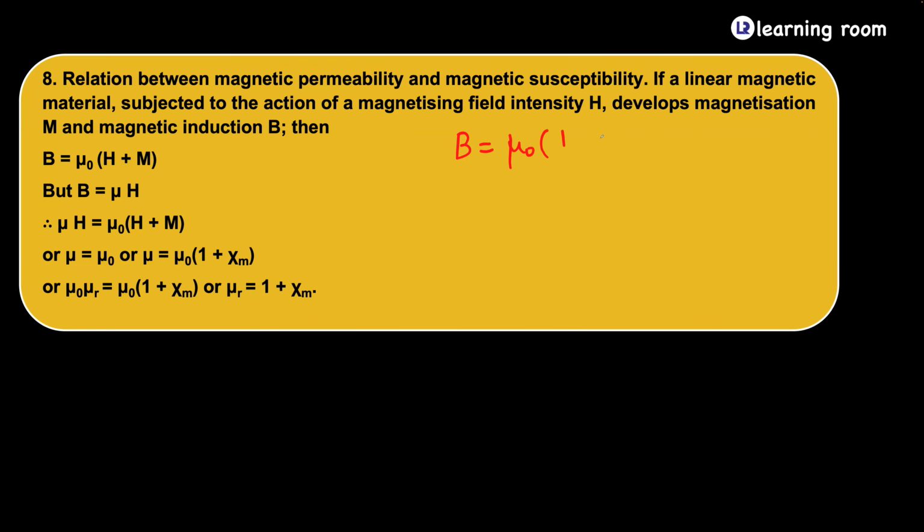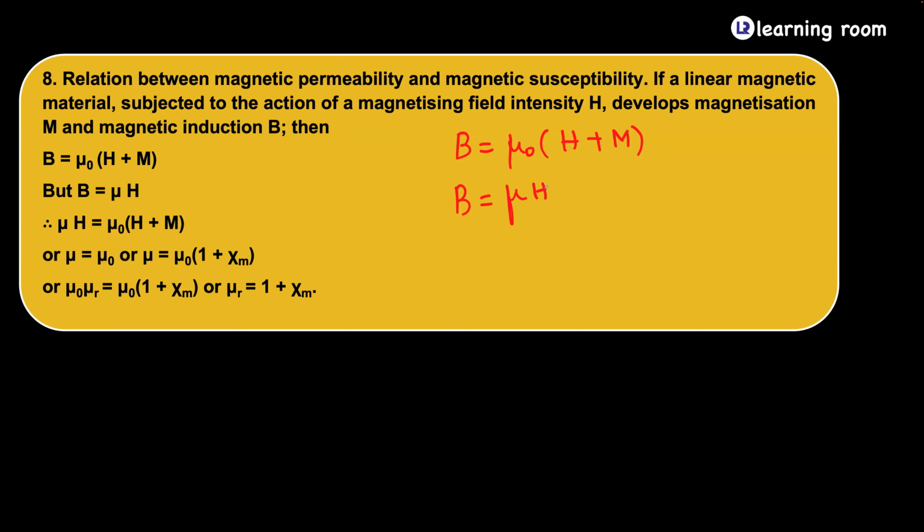B is equal to mu naught into H plus capital M. But what did I write in the fifth point? Permeability: B is mu H, isn't it? You confused me. B is mu H, because mu is the permeability. Let me say it again, since it will be confusing. Look carefully: mu is the permeability of the magnetic substance. Mu naught is the permeability of free space.